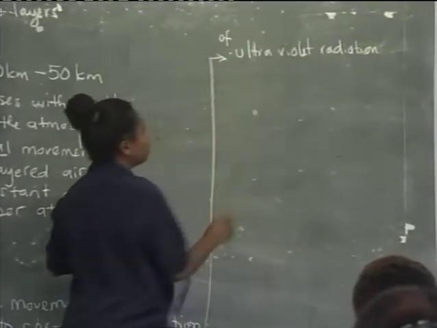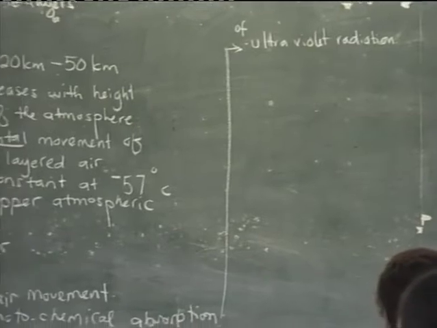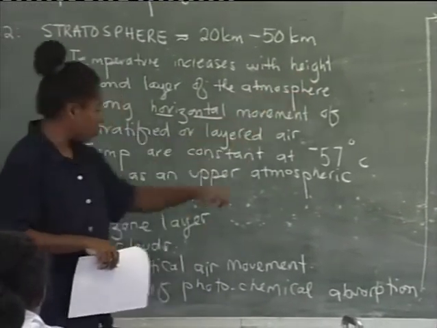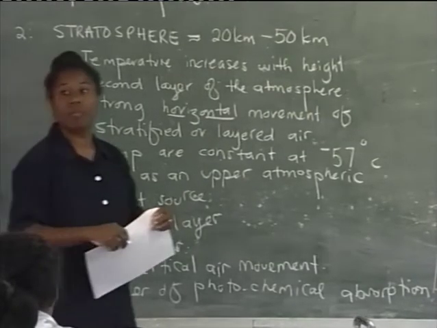In other words, this is the layer that absorbs most of the photochemical ultraviolet radiation. And that's where the ozone layer comes in also. Okay, good. We move on.